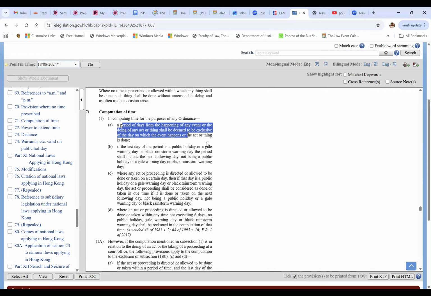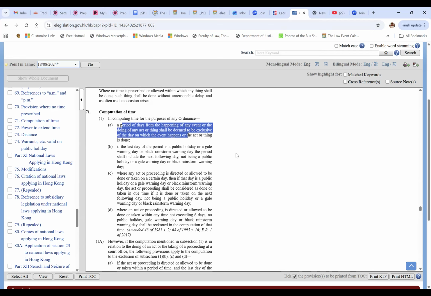Okay, so remember Section 83Q, 28 days from the date of conviction or order. So in other words, when we calculate our 28-day period, we do not include the date of conviction or sentence. We start on the next day.